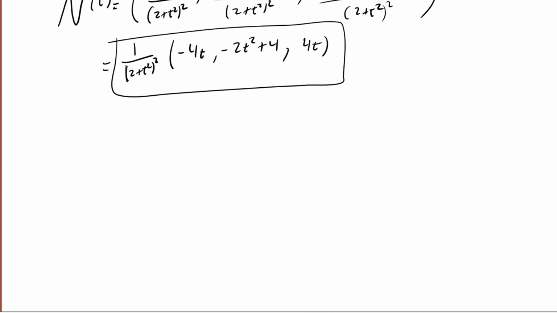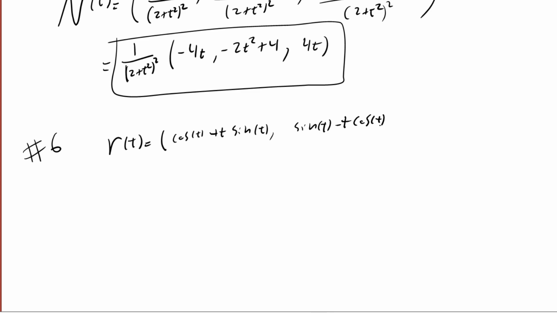Okay. No osculating plane. Moving on to number 6. So we have r of t is cosine of t plus t sine of t, then sine of t minus t cosine of t, and the last one is root 3 t squared.